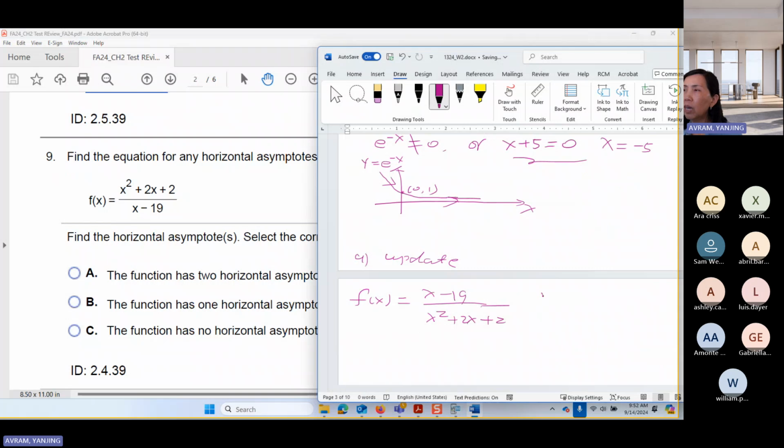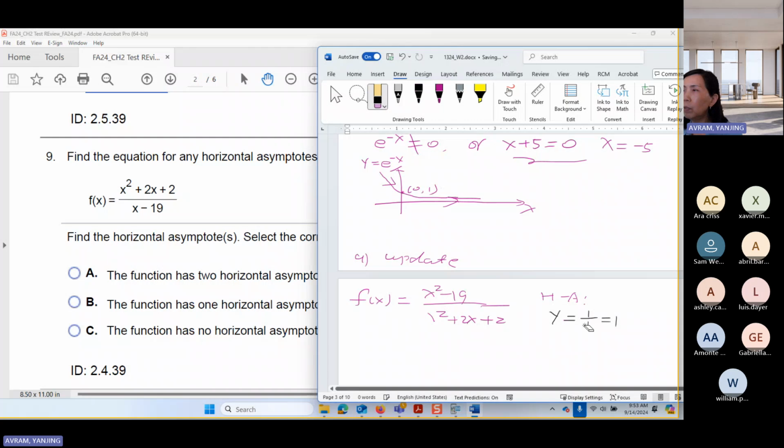My horizontal asymptote here will be y equals 0, because the numerator's degree is now lower than the denominator's. If the degrees are the same, my horizontal asymptote will be the ratio of the coefficients. So that's 1/1, and this will be y equals 1. Okay, so that is this one right here.